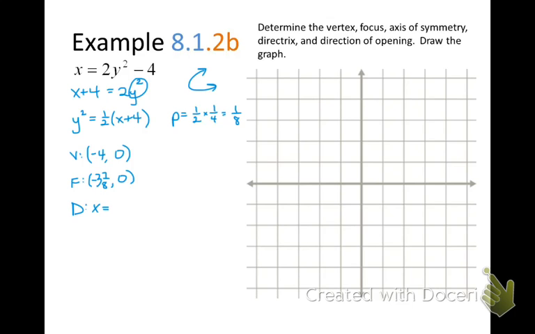And what does x equal for that directrix? Negative 4 and 1/8. So remember that to find the directrix, you go back a distance of p. So if my vertex's x value was at negative 4, and I go back 1/8, that's going to take me to negative 4 and 1/8. Any questions on that?